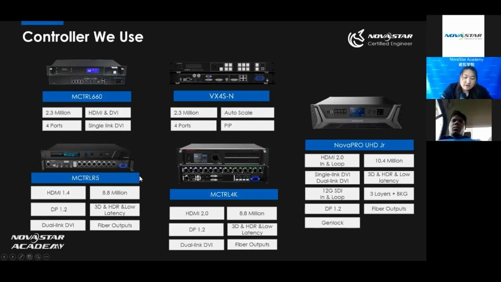And let's say the MCTRL R5, the pure sending card with higher loading capacity. It's just using HDMI 1.4, which means it's just a 4K by 1K resolution. Yes, and it has 8.8 million pixels, and it has a DP 1.2 connector, and we still have the dual link DVI here.